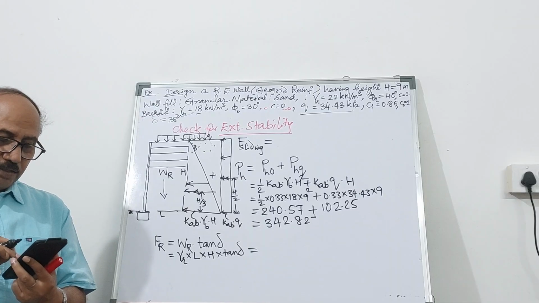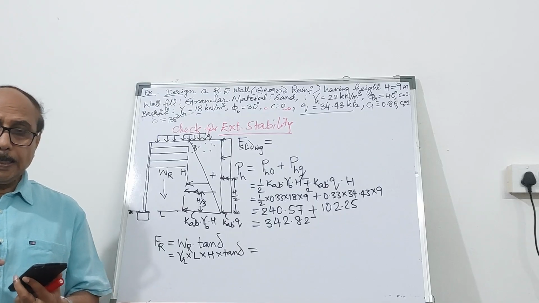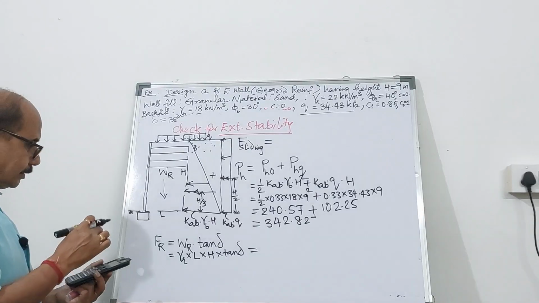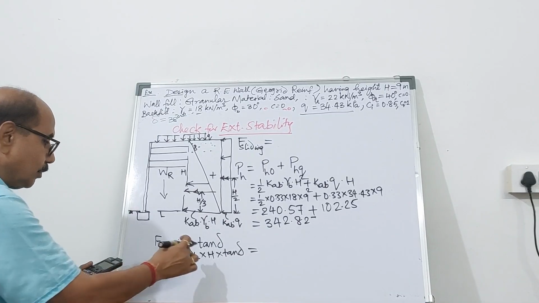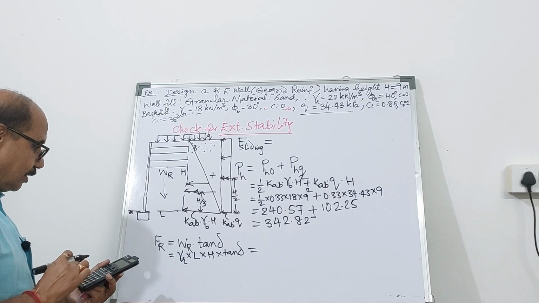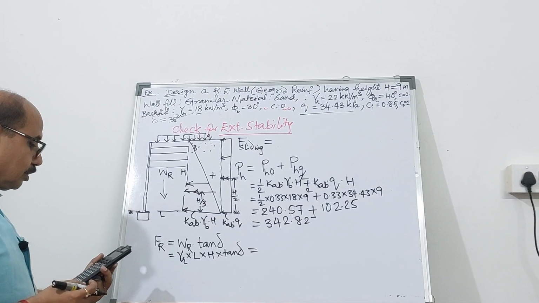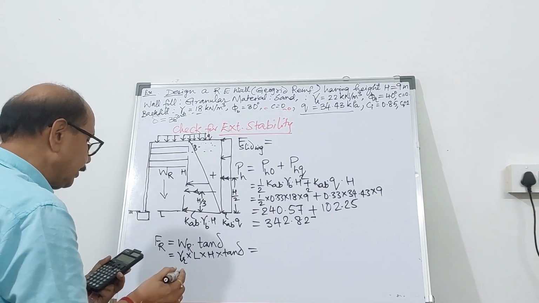So tan 38 multiplied by 9 multiplied by 7 meter multiplied by 22, so kilonewton per meter. This is going to be 1082.